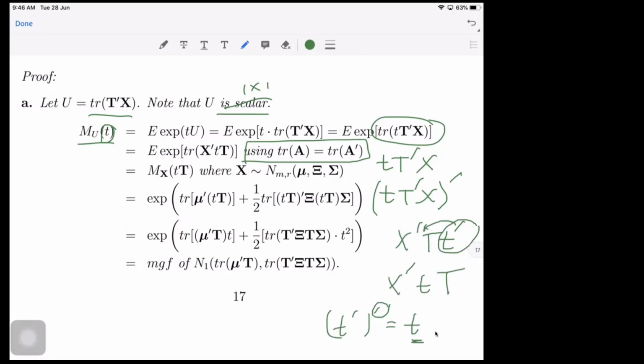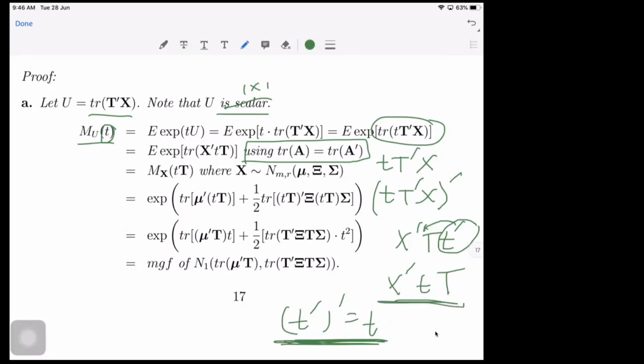That's the reason. Unsay dimension sa T? Scalar, ma'am. Oh. So nganong scalar si T?